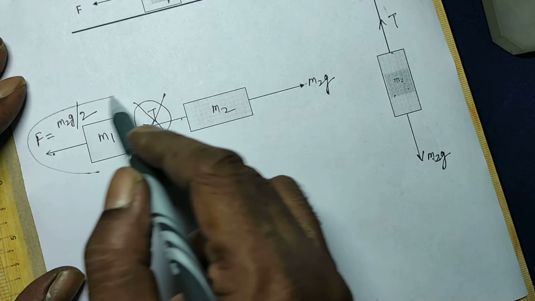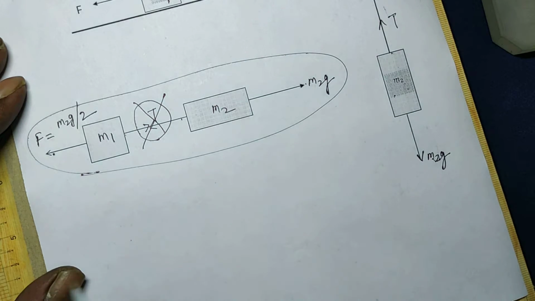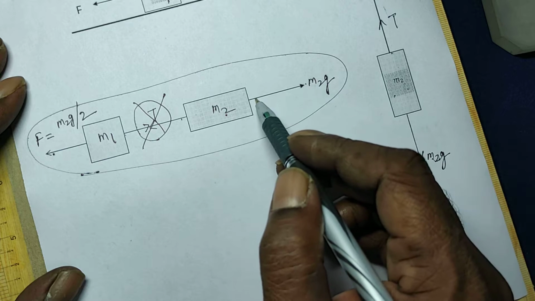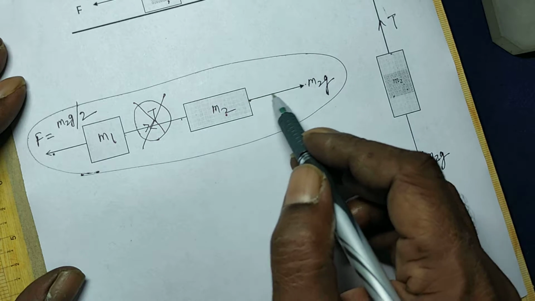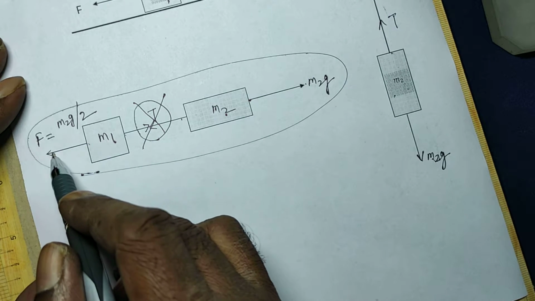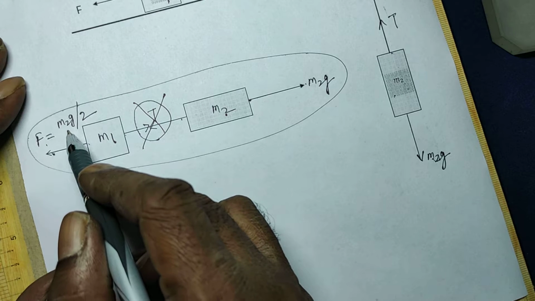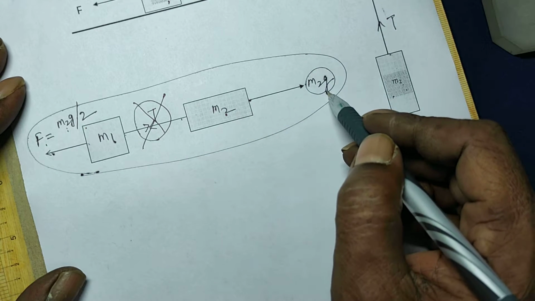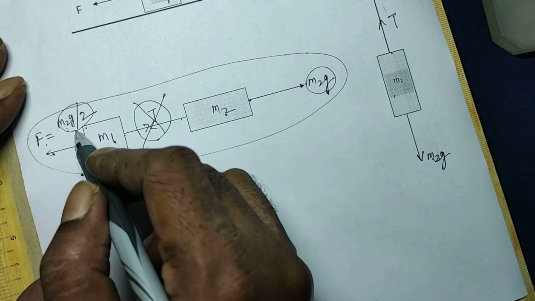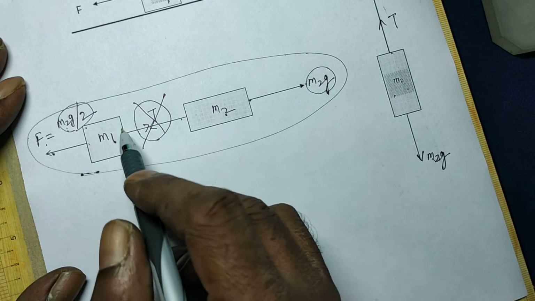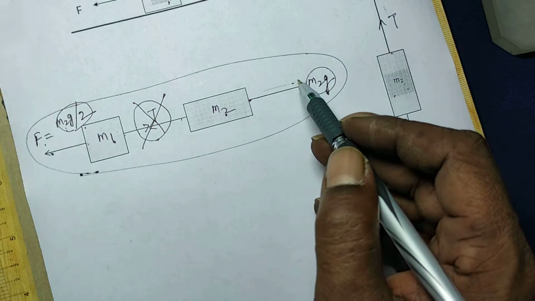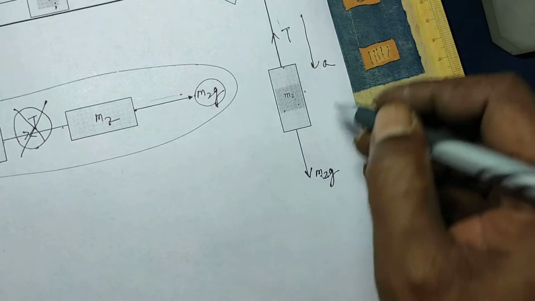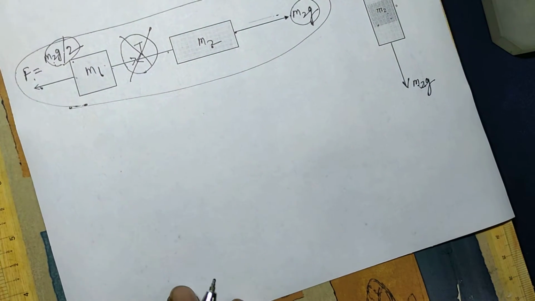If you look at this system comprising two masses m1 and m2 acted upon by two different forces, m2g to this side and F to this side, and the value of F is equal to m2g over 2. Since m2g is more than m2g over 2, this system will move towards the right. That is the same thing as saying this mass m2 will fall down with some acceleration because there is a net force.